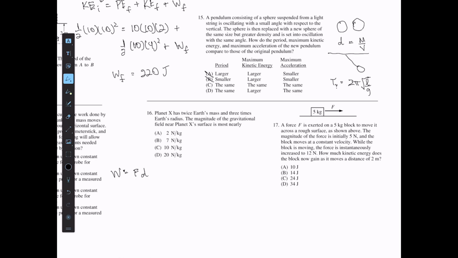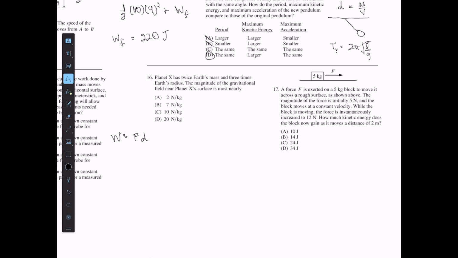Maximum kinetic energy should increase because since the sphere is more massive, it'll have a greater initial gravitational potential energy, and therefore it'll have a greater maximum kinetic energy. So that's D. And then maximum acceleration should stay the same because the acceleration is caused by gravity, and the acceleration due to gravity won't change because you change the mass. It's always constant.